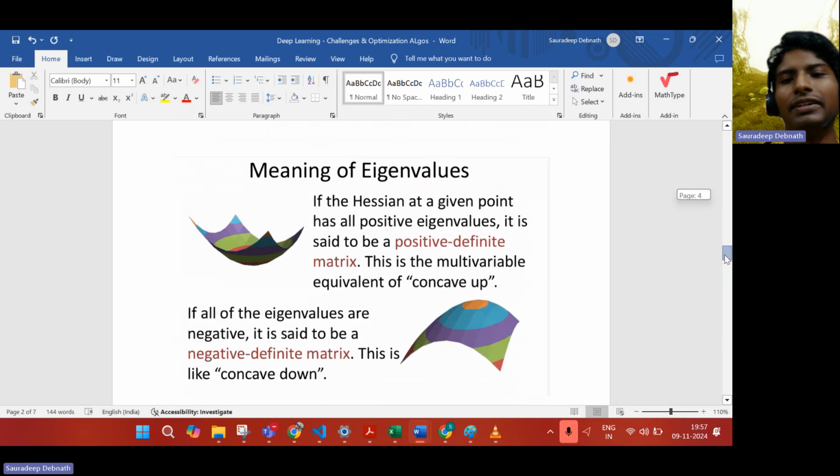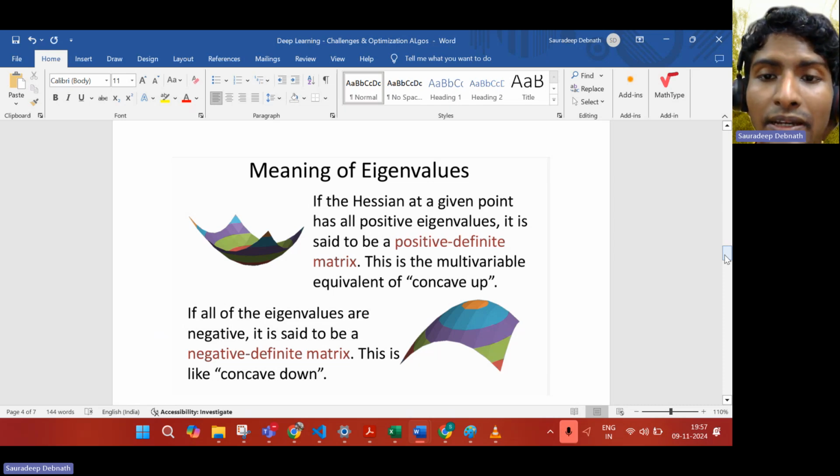For a minima, the Hessian is going to be positive definite, which means all the eigenvalues are going to be positive, and the opposite for a maxima.